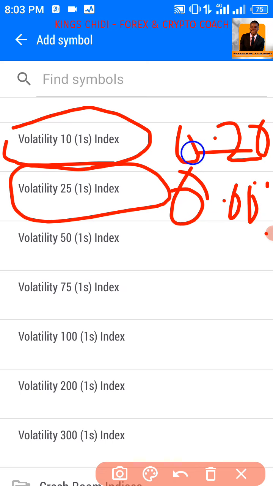That is the lowest lot size for volatility 25 1x. And if you want to trade it with a minimum of like $10 account, $15 account, you are good. But with a $10 account, you must know what you are doing. If not, normally you should use a $50 account to trade it.